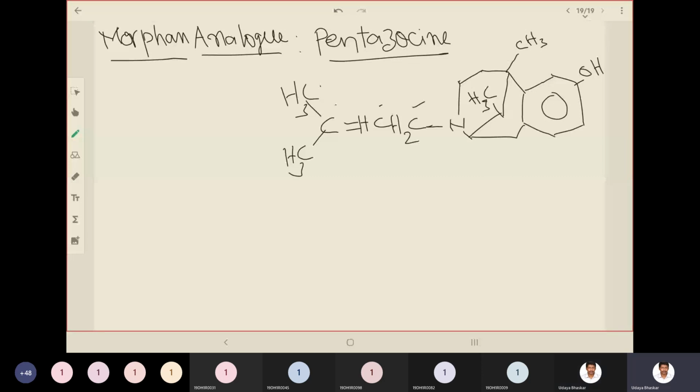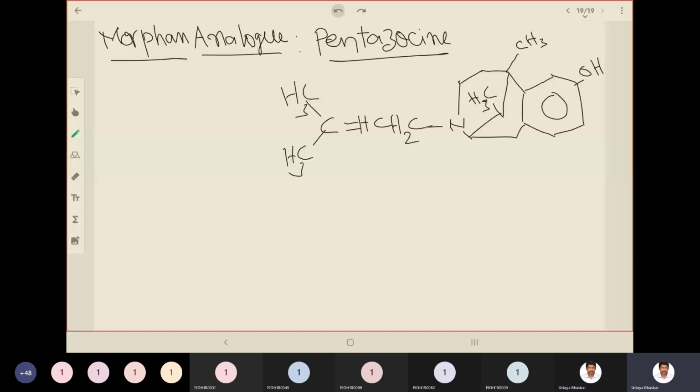Five carbons in the substituent, so penta. Azocine, remember this complex structure is present and you need to practice this structure, and remember likewise the substance with the name pentazocine. And if you see the structure of levorphanol tartrate, which is a morphinan analog, you write that also here.